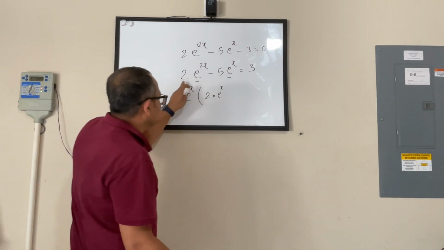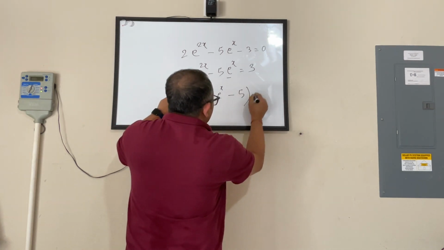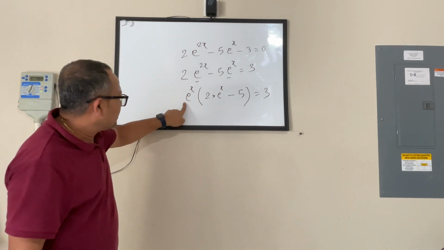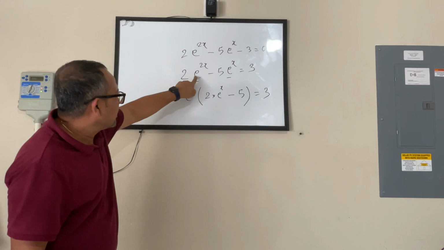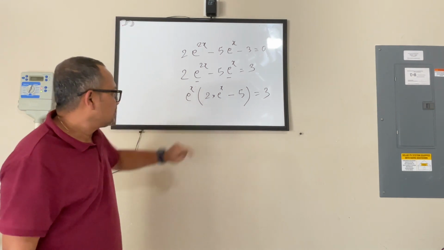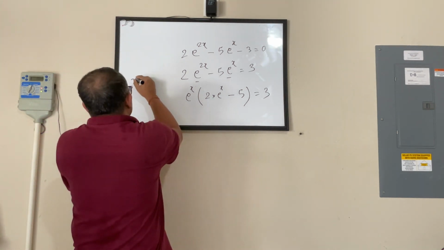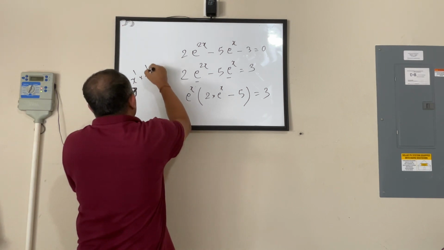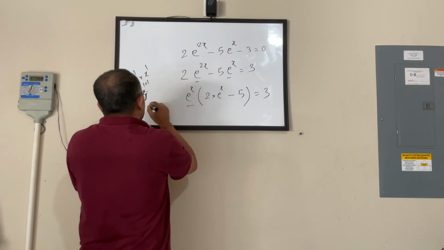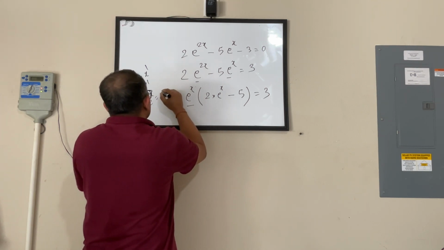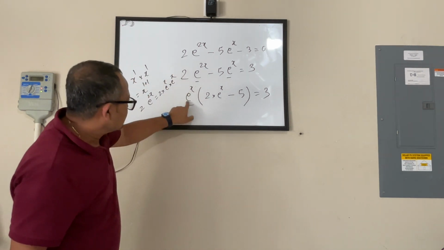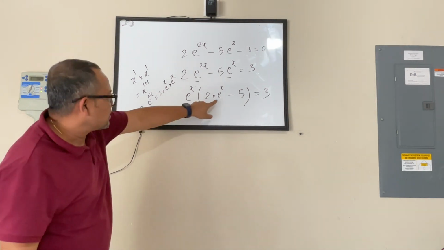Does the first one look correct? e to the power x, I'm breaking this into 2 parts. It's like x to the power 1 into x to the power 1, that makes it x to the power 1 plus 1. Same way here, keep aside the constant part, e to the power 2x, I can write this as 2 into e to the power x into e to the power x. So I just took out the common things here. Now this is in the form of a multiplication.